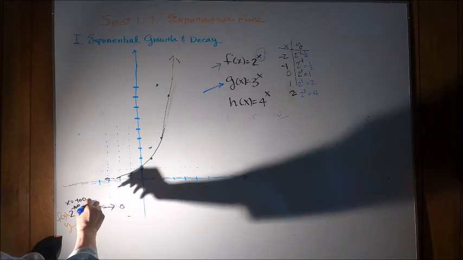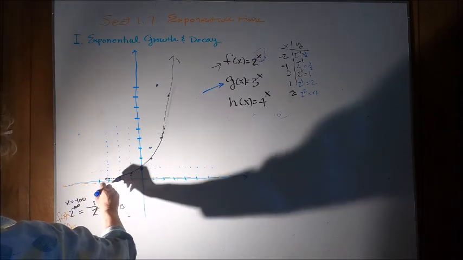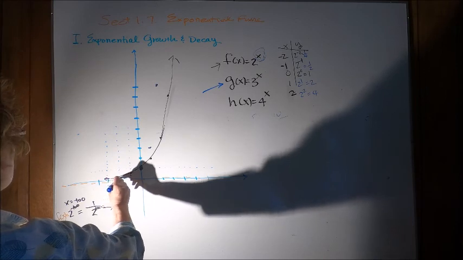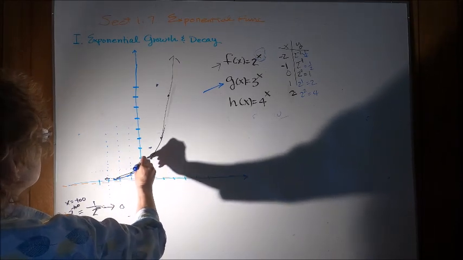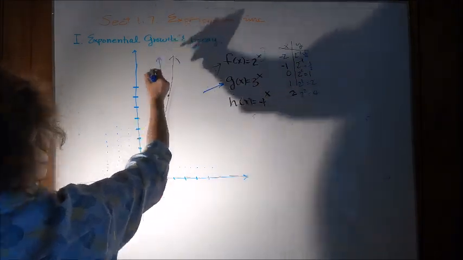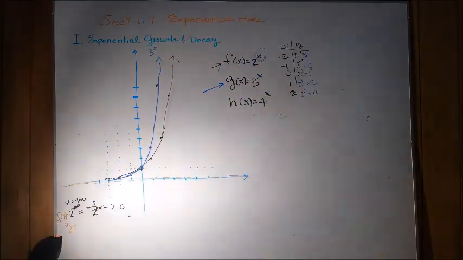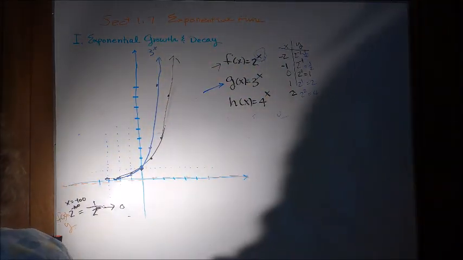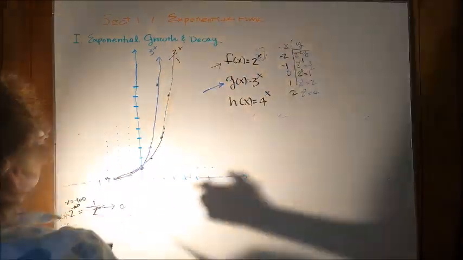X is negative 2 would be 1 over 3 to the second power. So your shape will look like this. So this one is 3 to the x power. The first one would be 2 to the x power.